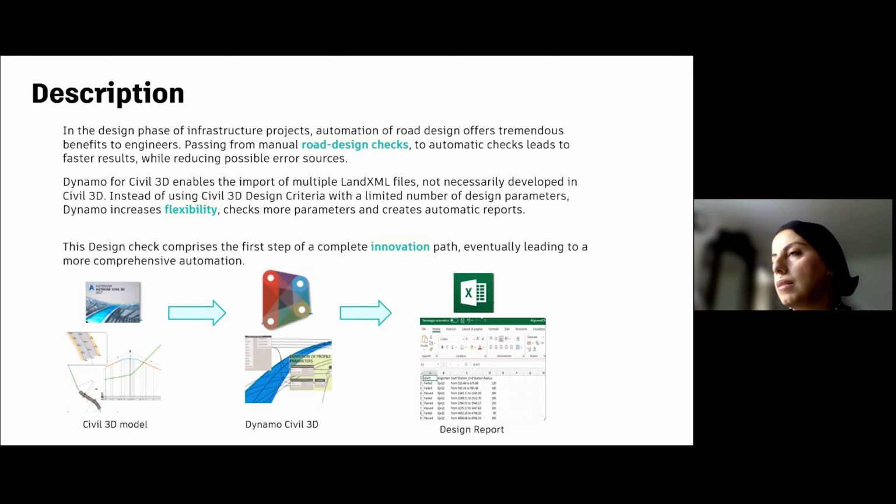So in this presentation, we are going to review and present two options, which are the traditional method of design and the automation approach. In the design phase of infrastructure projects, the automation approach can offer tremendous benefits to engineers.